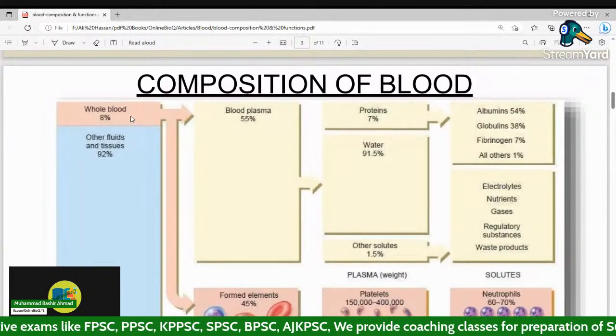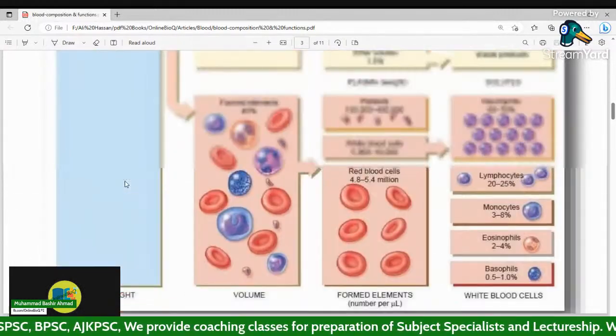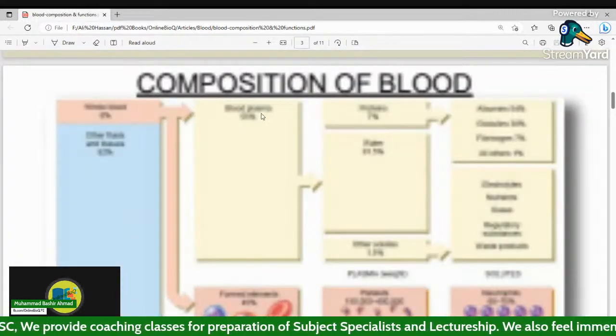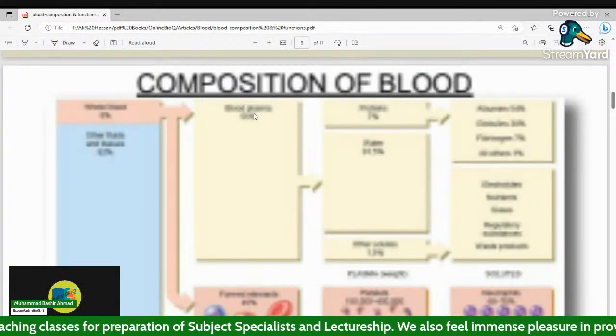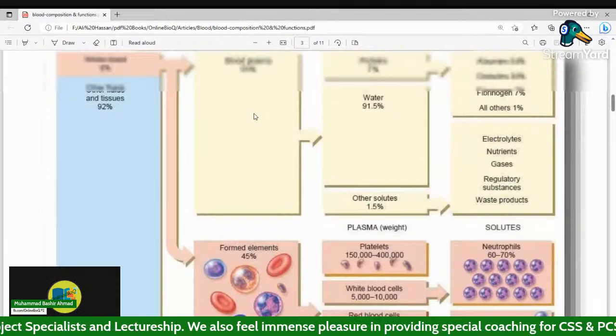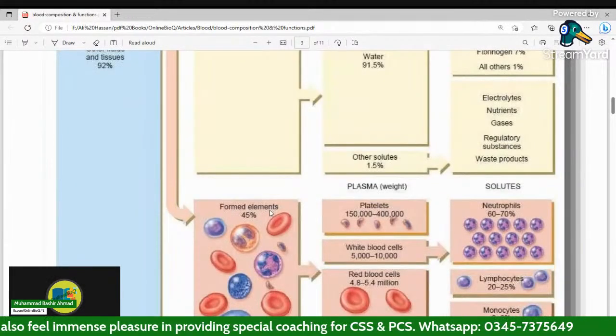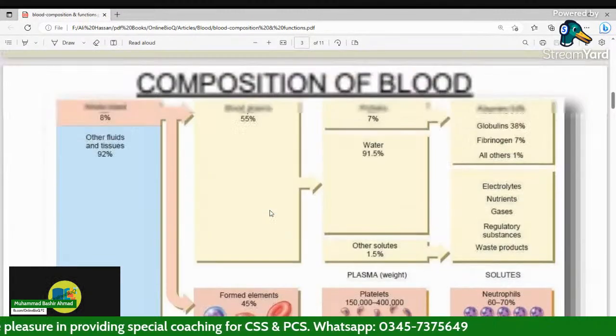This blood makes 8% of body weight of individuals. Here, blood plasma is 55%, and formed elements, blood cells, are 45%.